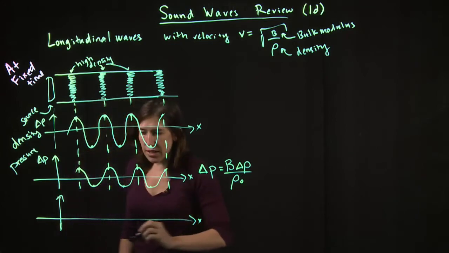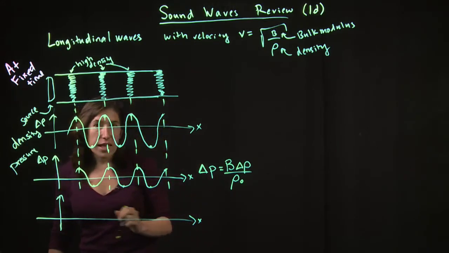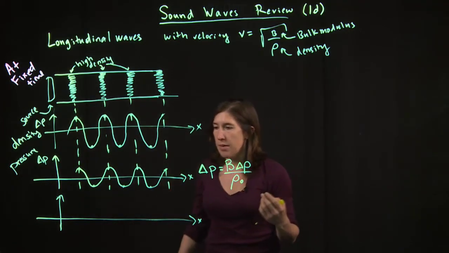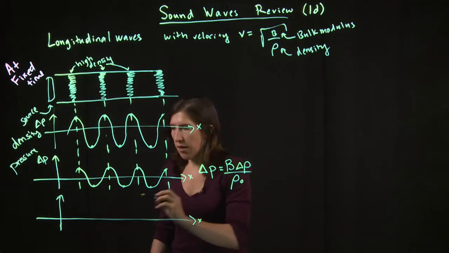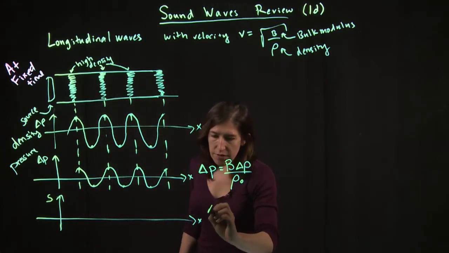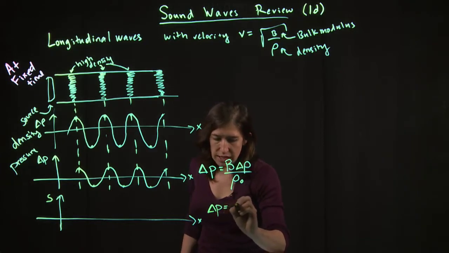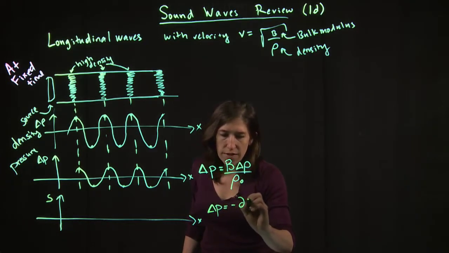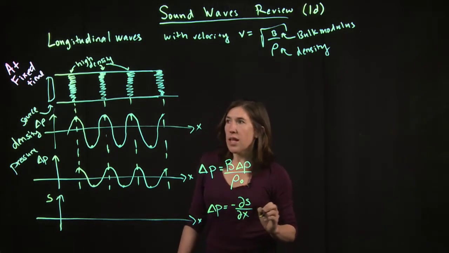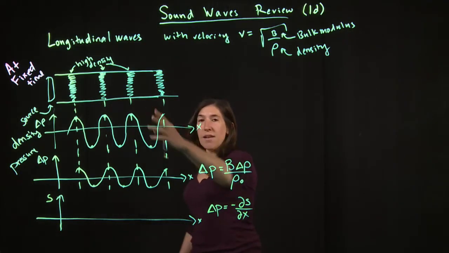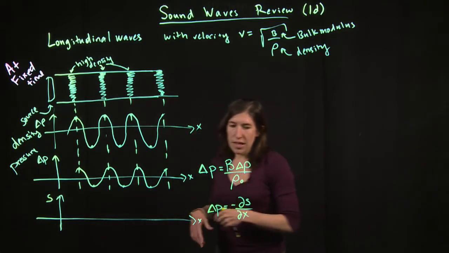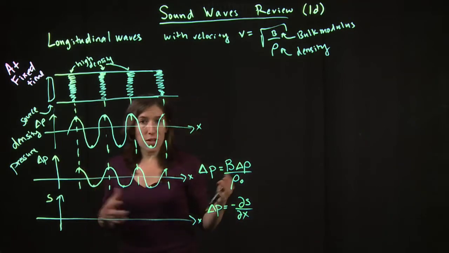But on the other hand, we might want to plot the displacement, so the average particle displacement, air molecule displacement, which is often denoted by the letter S. You can similarly derive that the change in pressure is related to the derivative of the displacement. What that means is that if this is some sine function, the derivative of sine is cosine and vice versa, or the derivative of cosine is negative sine.